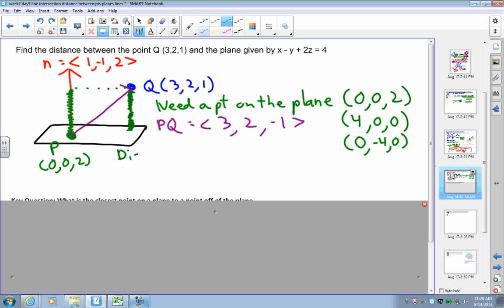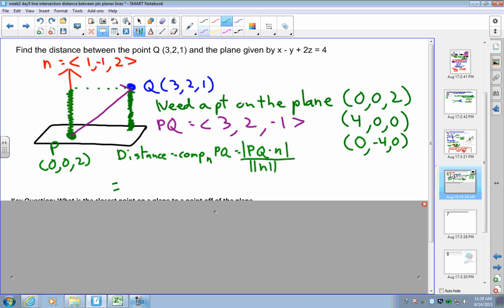So my distance equals component of PQ on N, which is PQ dot N all over the magnitude of N. Okay?